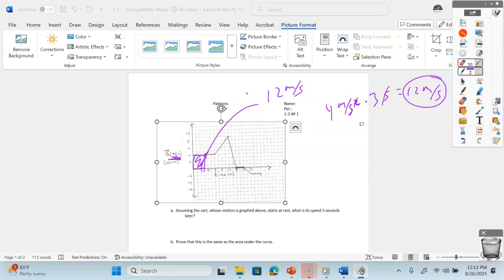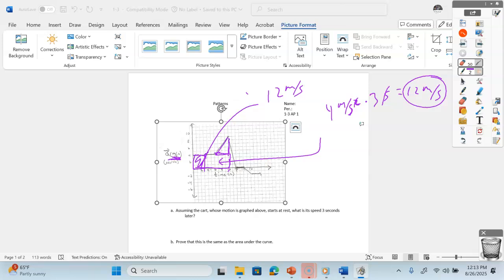All right, how fast is the cart going at 10 seconds? How am I going to figure that out? Area of the curve. Did you go all the way to 0? So I've got a rectangle with a triangle on top over here. That whole entire area is going to count, right?